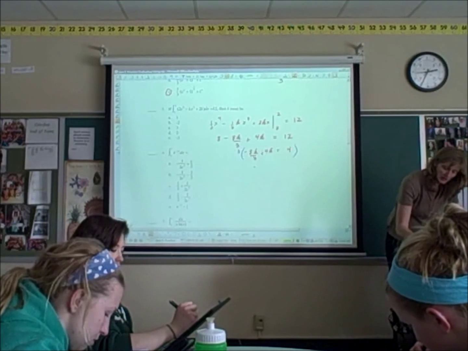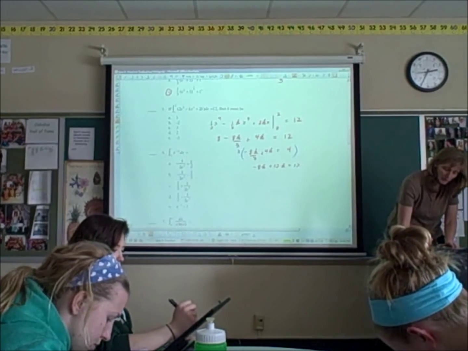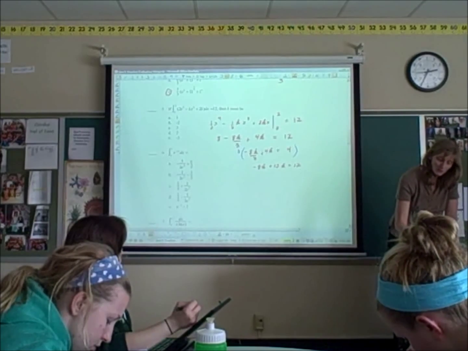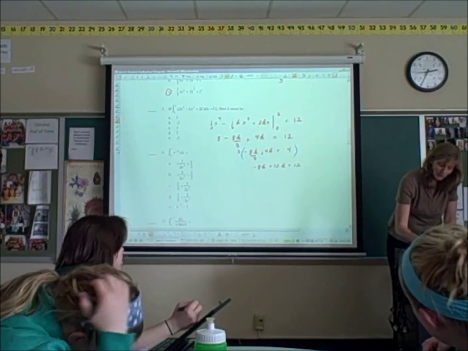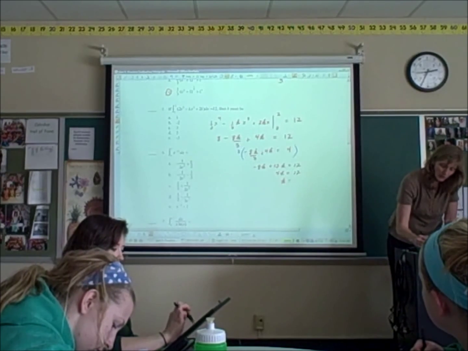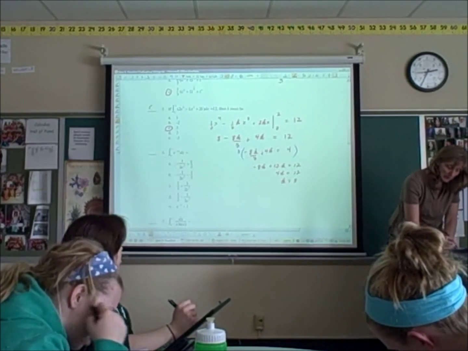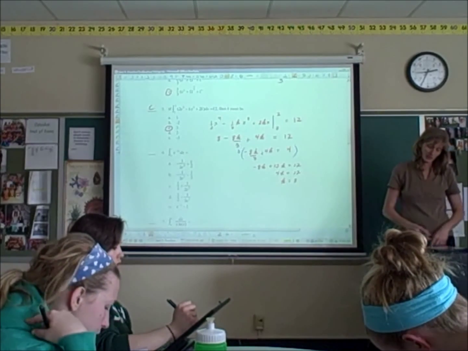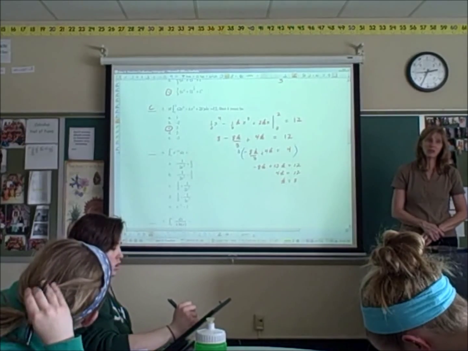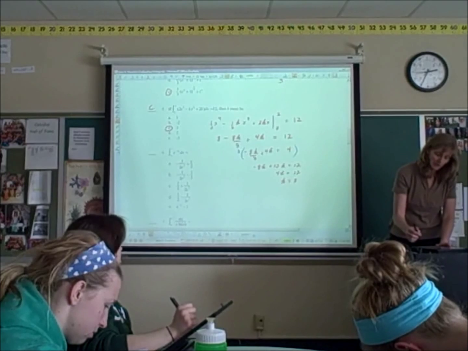Okay, so this is going to be negative 8k plus 12k equals 12. I'll combine my k's, and I got 4k equals 12. Divide by 4, and it's just 3. Is that the answer? Did anybody check the answer? Yeah, that's right. Okay, good.